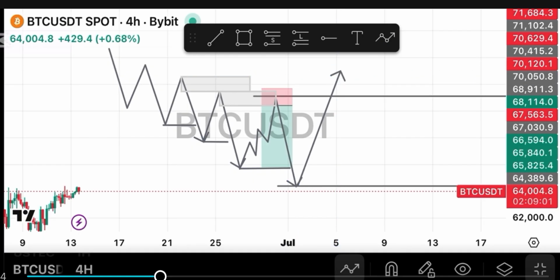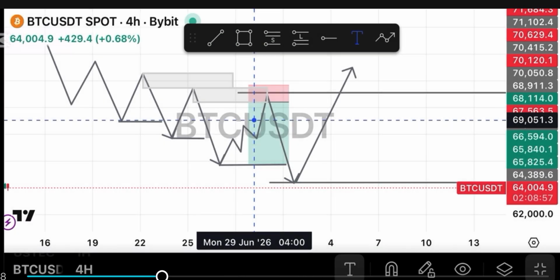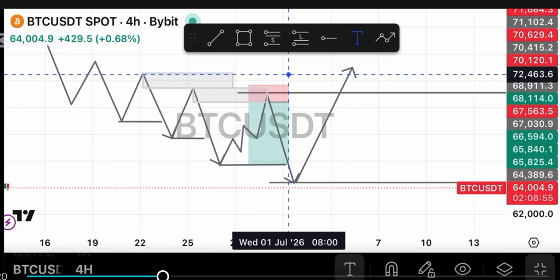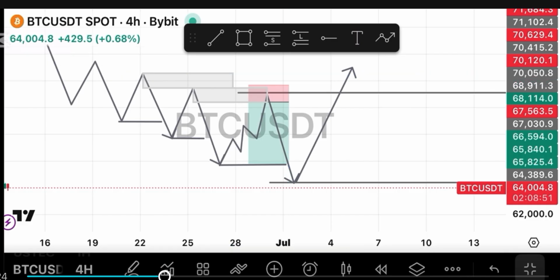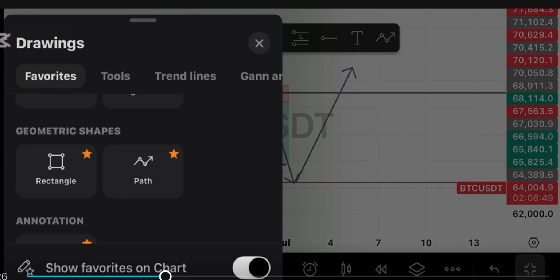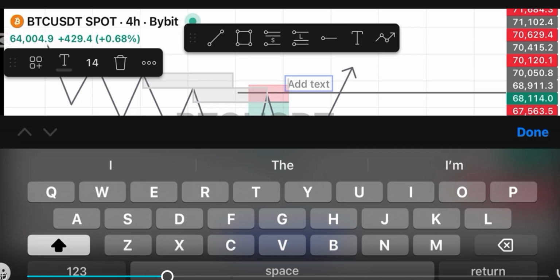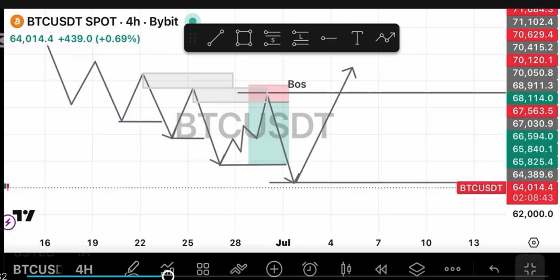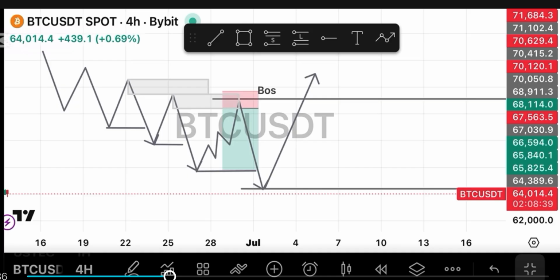So at this point, we can say the market has shifted to a bullish trend. And at this point now, we can identify this as what? A new break of structure, right?